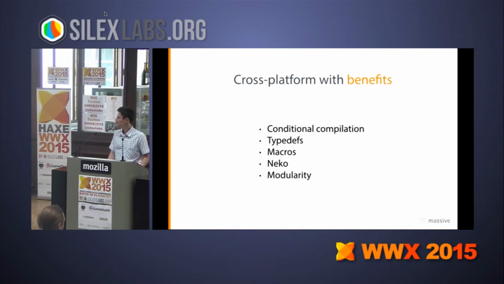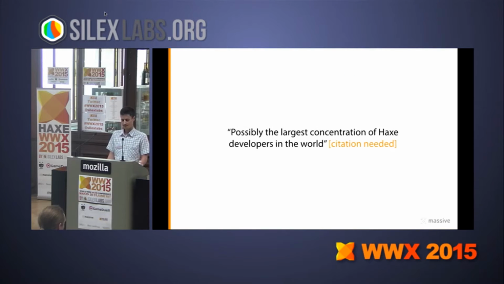Then the macro mechanism that allows you to generate code for you, to make sure that your application is rock solid before you push it to the device, because you won't be able to debug on the device. So you have to be really sure that it's going to work.